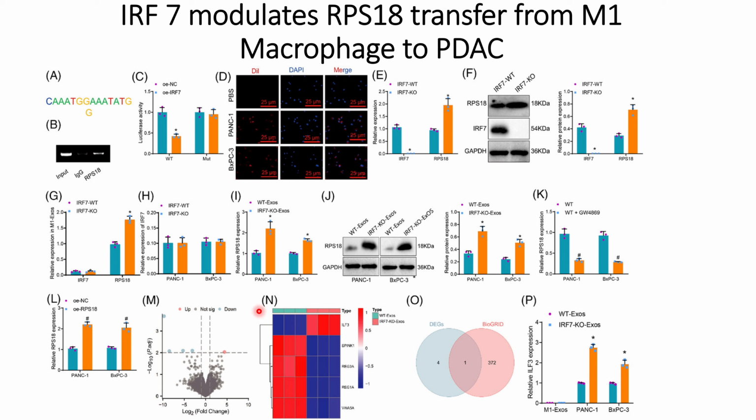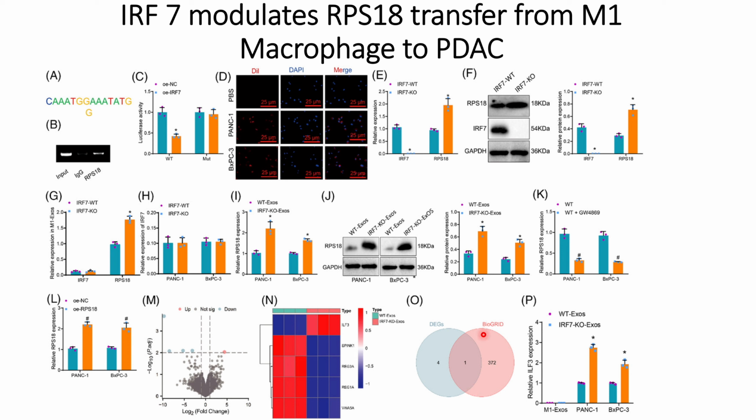And after identifying these 5 genes, they decided to check the relationship between RPS18 and these dysregulated genes. So they first identified the genes that are influenced by RPS18 with the help of BioGRID, and they found 373 genes influenced by RPS18. When they compared it with the dysregulated genes, they saw that the ILF3 gene is the only overlapping gene.